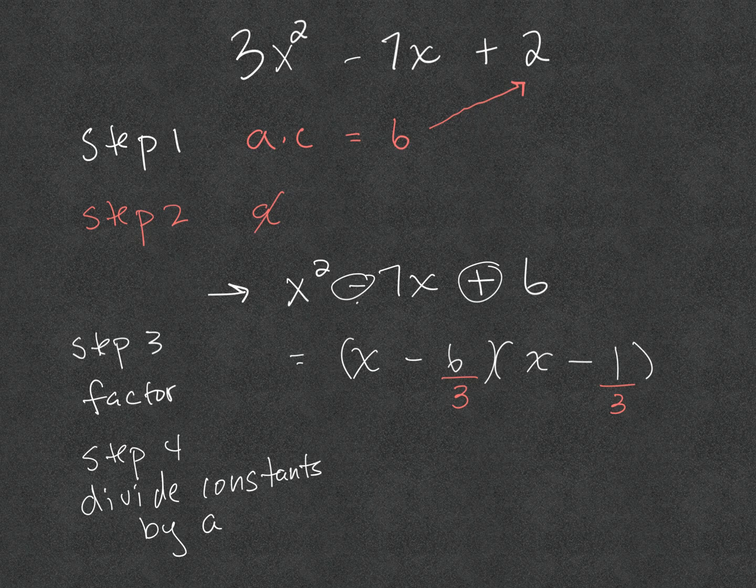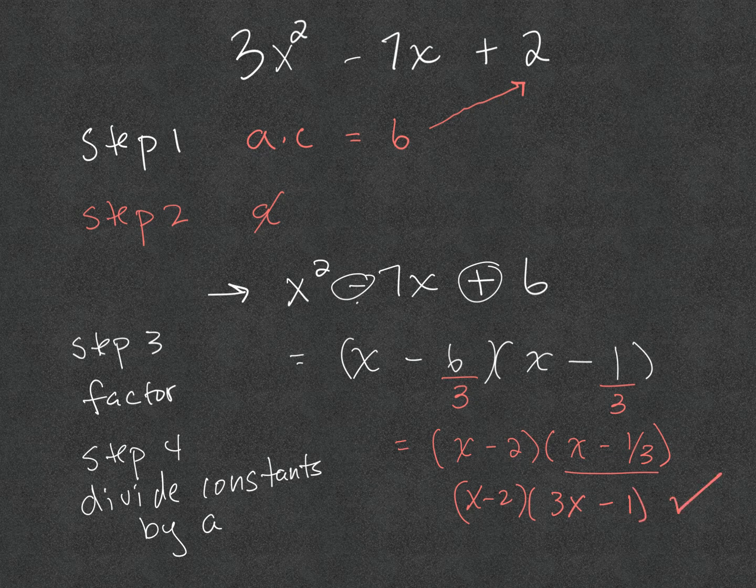That's going to equal x minus 2 times x minus 1 over 3. Now, for this one, I don't want a 1/3, so I'm going to multiply the second polynomial by 3. When I do that, I get x minus 2 times 3x minus 1. And that is the answer.